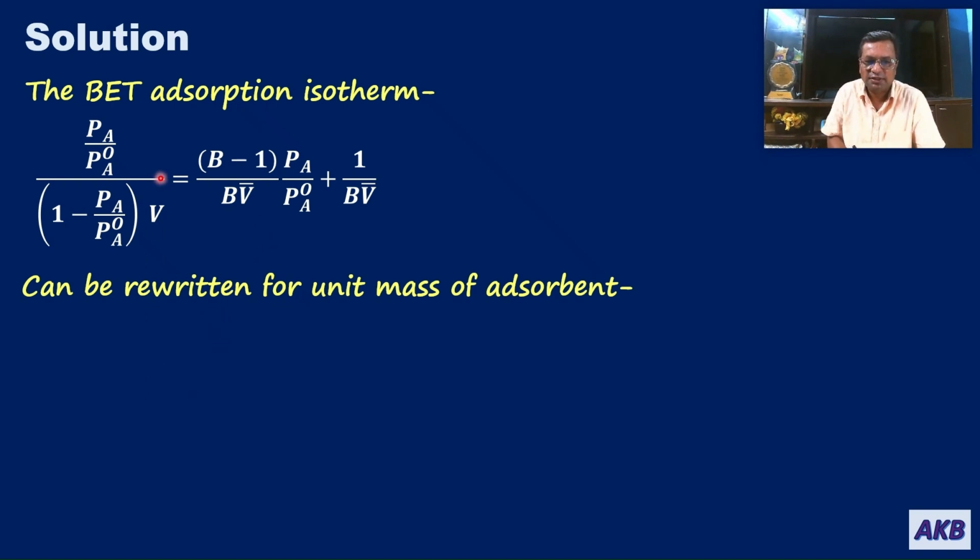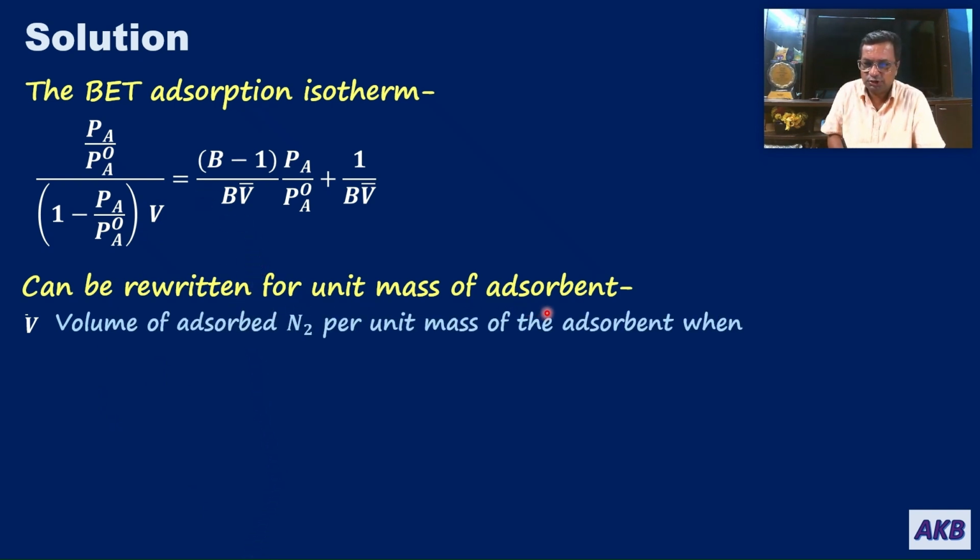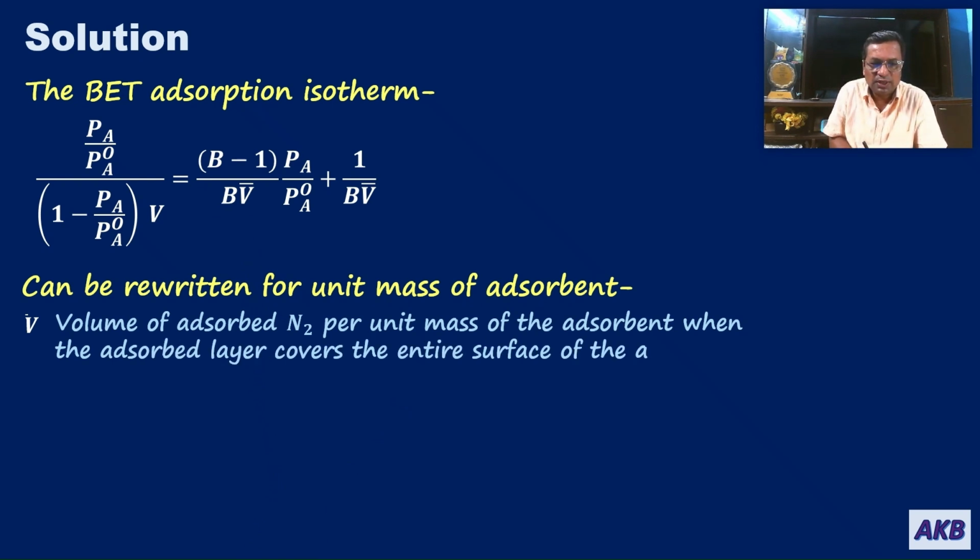Let us understand. So it can be written for unit mass of adsorbent. If you are doing that, in that case, V bar will be the volume of adsorbed nitrogen for unit mass of adsorbent when the adsorbed layer covers the entire surface of the adsorbent.